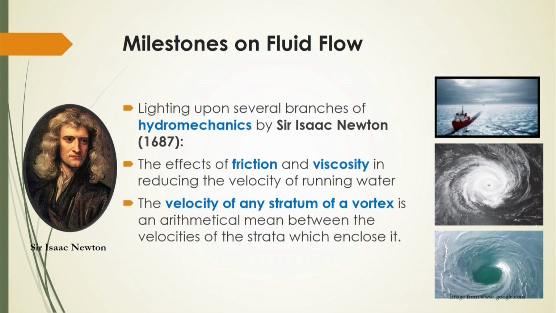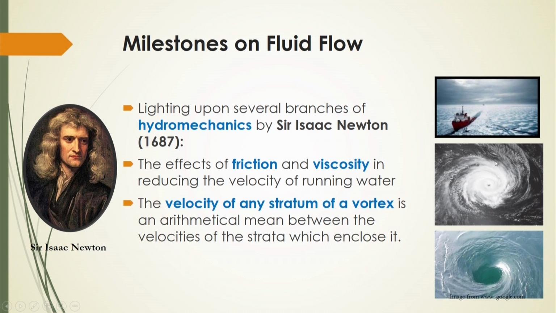and he observed the different effects of friction and viscosity in reducing the velocity of running water. He also observed some vortex phenomena of the fluid whenever it flows in a certain conduit, and he observed that the velocity of any stratum of a vortex is an arithmetical mean between the velocities of the strata which enclose it.